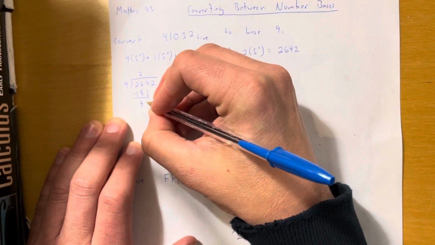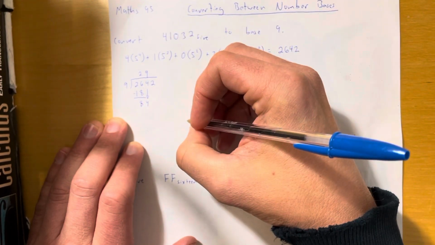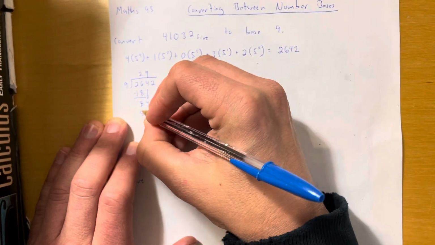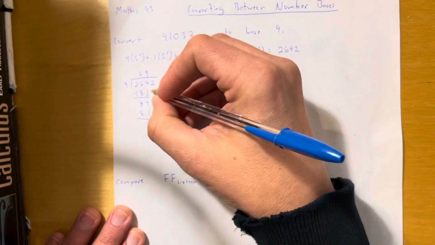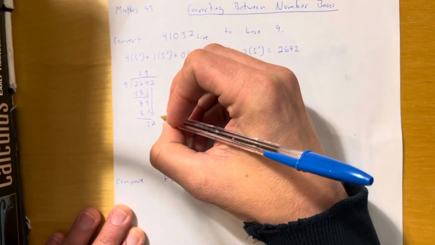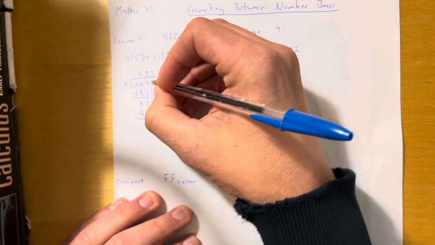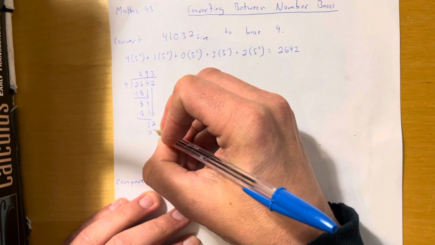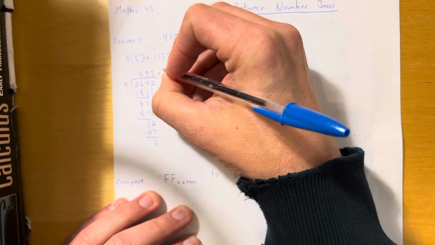I'll bring this down to get 84. 9 goes into 84 9 times. 9 times 9 is 81. I subtract and I get a 3, bring down my 2 to put a 32 there. 9 goes into 32 3 times, 9 times 3 is 27, and the subtraction here gives me 5.